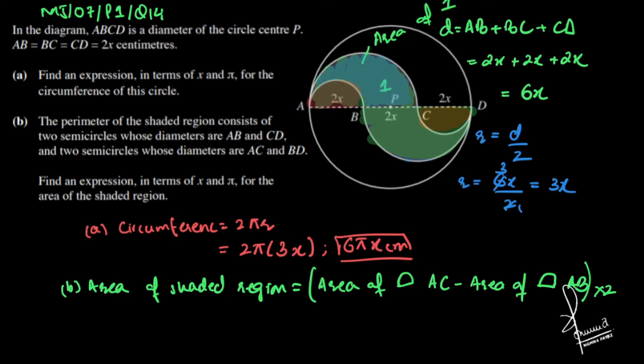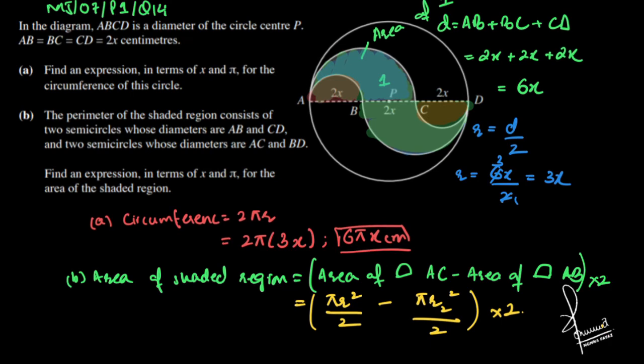Now what is the area of a semicircle? Semicircle is basically half a circle. So if the formula for the area of a whole circle is pi r squared, then the semicircle will be pi r squared over 2, minus again pi r squared over 2. I'm going to write a small 2 over here because these radii are different, all multiplied by 2.